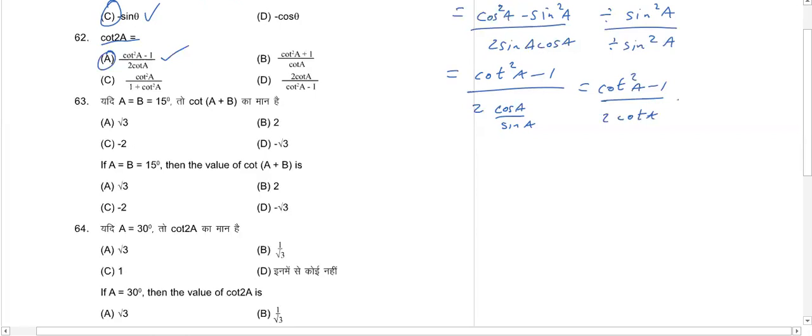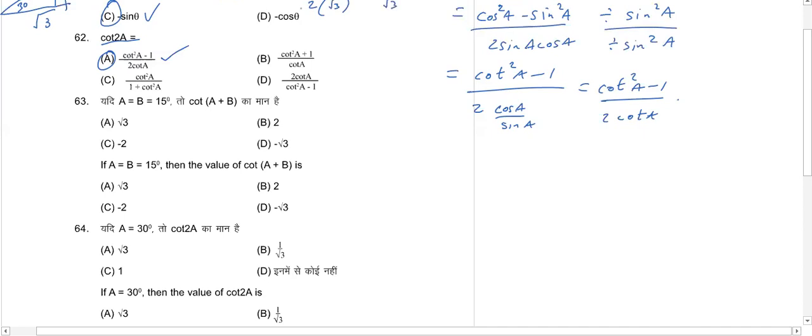Which is equal to, what is cot of 30? Let's draw a triangle in the side here for 30 degrees, the special angle, 1 to root 3. So cot of 30 is root 3 over 1, adjacent over opposite. And if we square this, we are getting 3 minus 1 over 2 into root 3 should give me 1 over root 3.